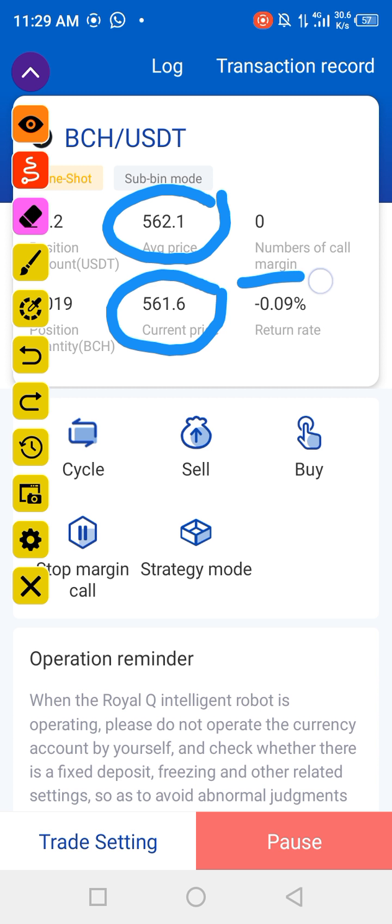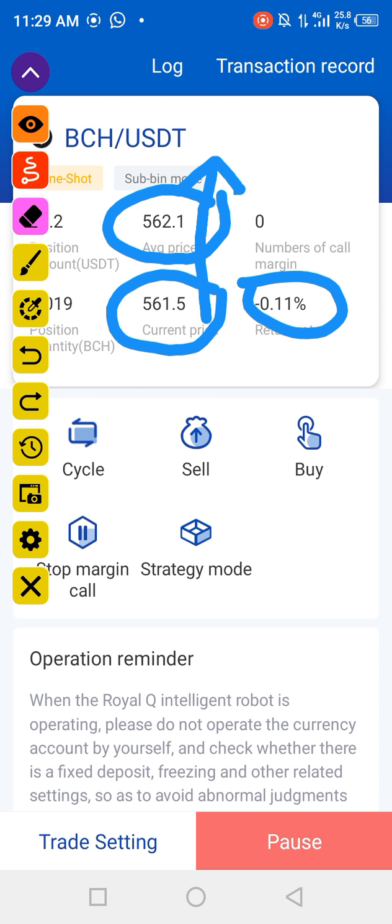Here is the return rate. Okay, it's in the negative, meaning it has not entered profit range. So until the current price rises above the average price at which it bought before, it will not sell.